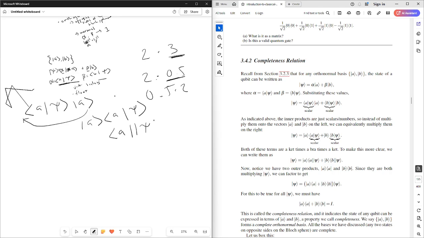We usually just write it with one line for notation purposes, but essentially now we can break this down as, instead of A multiplied by the inner product of A and psi, we can now do an outer product of A with A multiplied by psi.